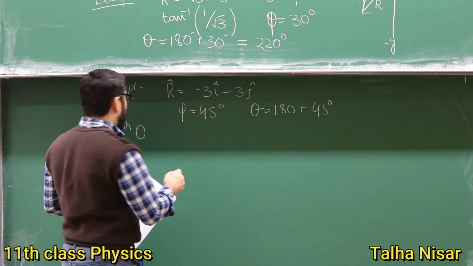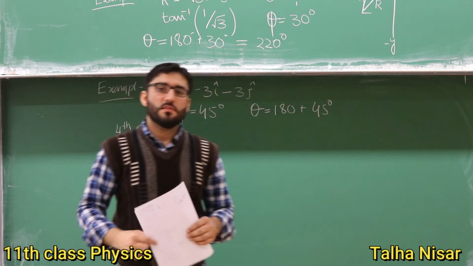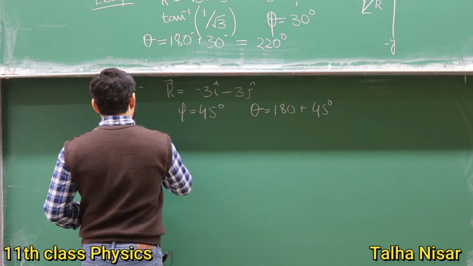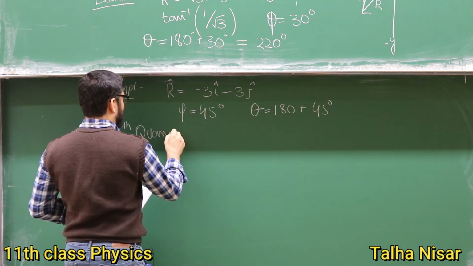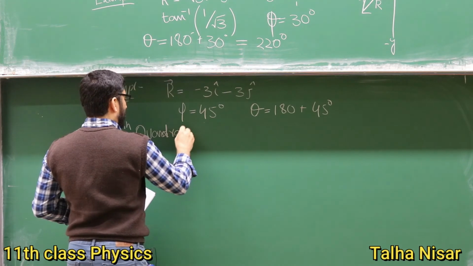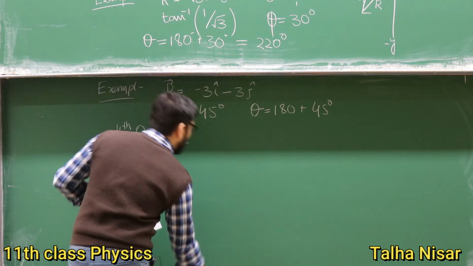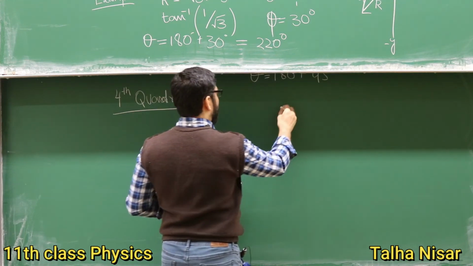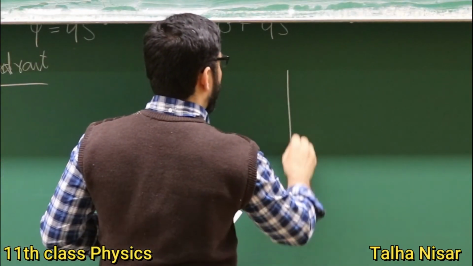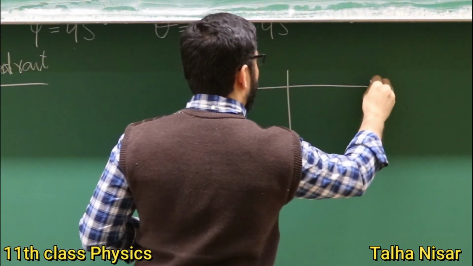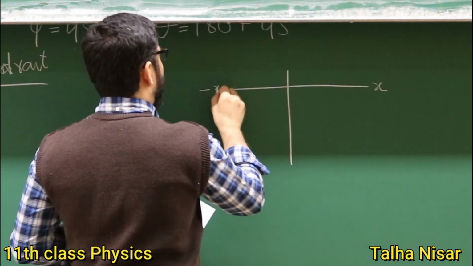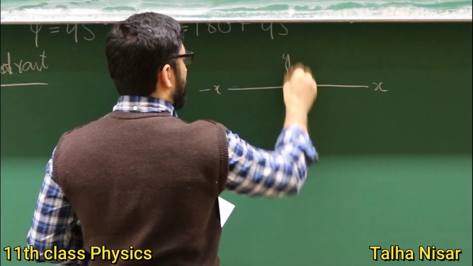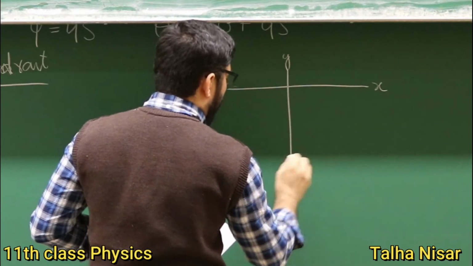So now we discuss the fourth quadrant. Here we have the x, the minus x, the plus y, and the minus y.